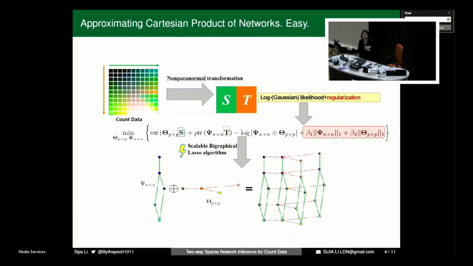With that information extracted in the form of estimated covariance matrices, here called S and T, we then throw it into this objective function, which is a log Gaussian likelihood plus some regularization. The regularization is here because we want to control the sparsity of the problem, so we don't get too complicated a network. Then it goes through the Scalable Bigraphical Lasso algorithm, and voila, there are our networks.